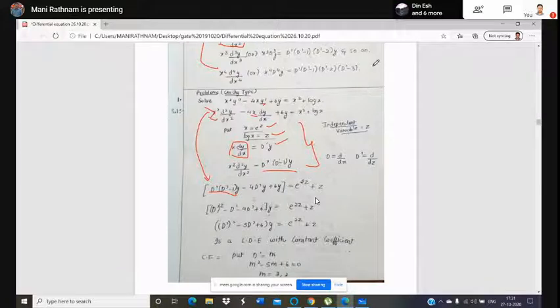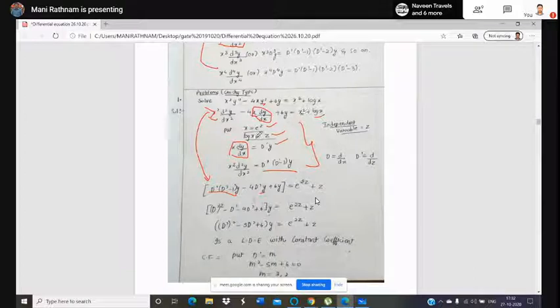See this step: x square d square y by dx square gives D dash minus 1 of y, minus 4 times x dy by dx, which is D dash y, plus 6y equal to, and you know that log x can be written as z, plus x square.